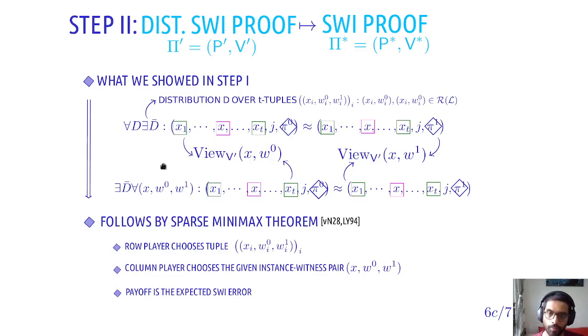Once you frame this problem as a zero-sum game, you can apply the minimax theorem to flip the order of quantifiers. Since we are planning to provide the distribution D bar as advice to the prover, we need to invoke the sparse minimax theorem lemma of Lipton and Young. This ensures that the description of D bar is not too large.